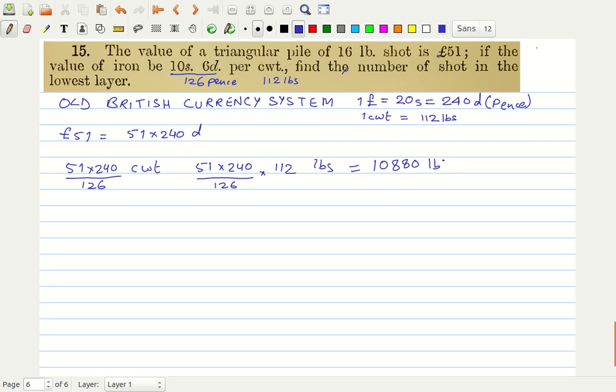10,880 pounds. Now we know that in the triangular pile each shot is 16 pounds. So how many shots are there? We know that the total number of shots in a triangular pile is given by n times n plus 1 times n plus 2 divided by 6.